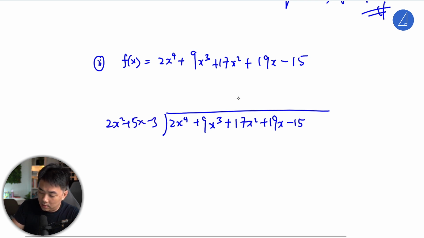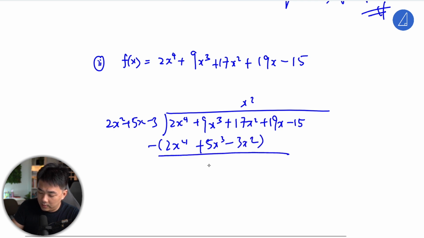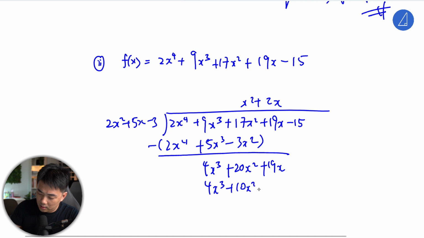So just x squared times 2x squared plus 5x minus 3 gives 2x power 4 plus 5x cubed minus 3x squared. Subtract it, this is 4x cubed plus 20x squared plus 19x. Plus 2x will be 4x cubed plus 10x squared minus 6x.